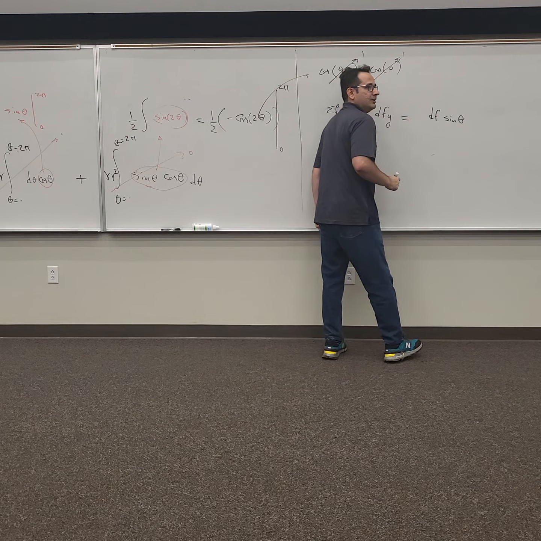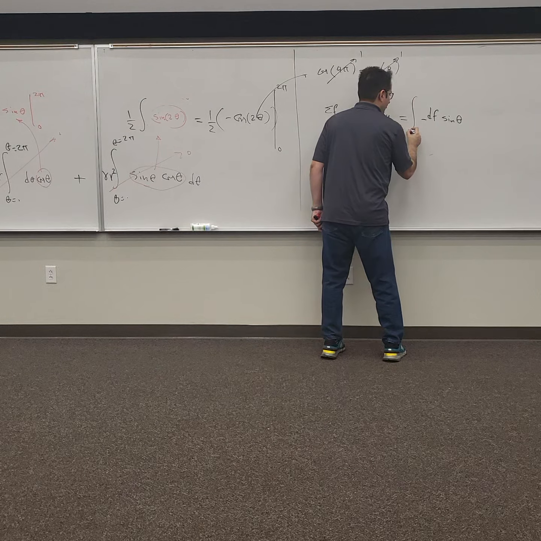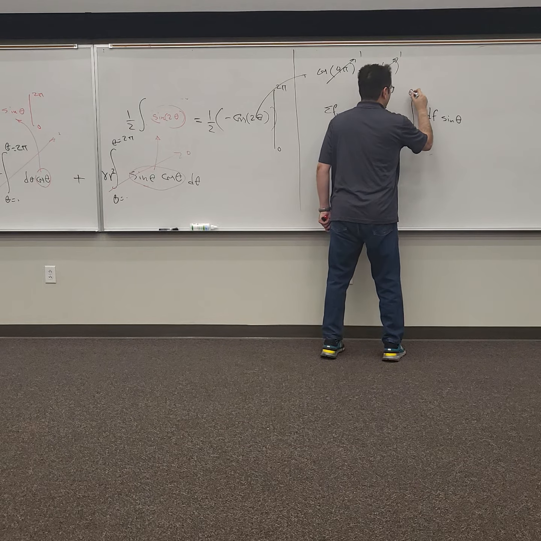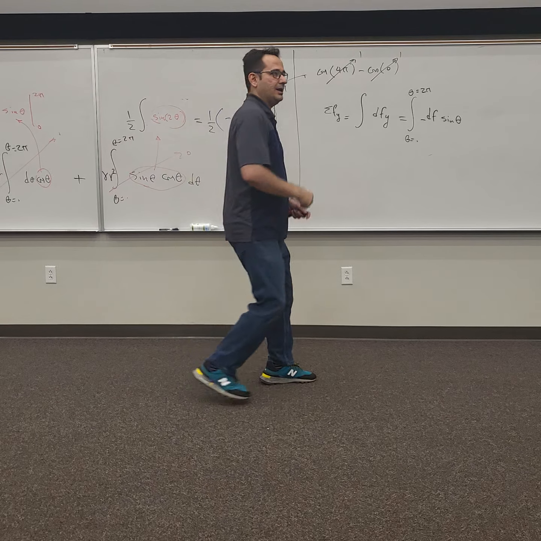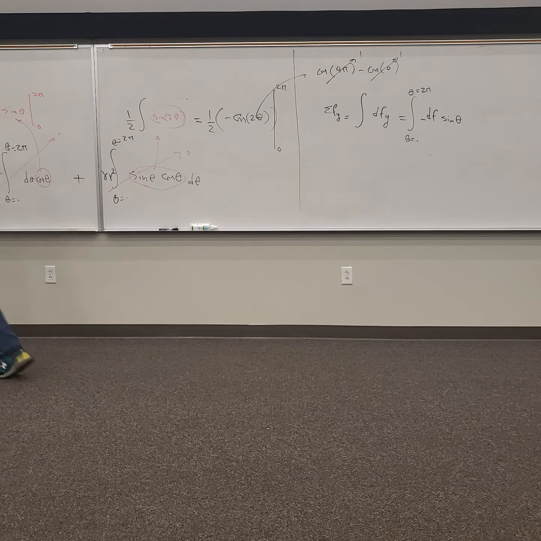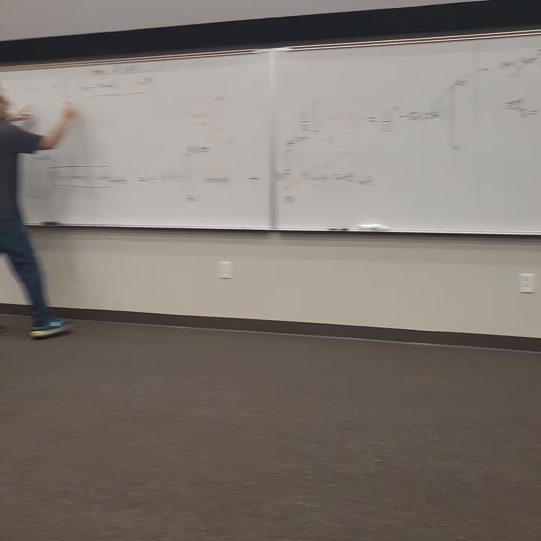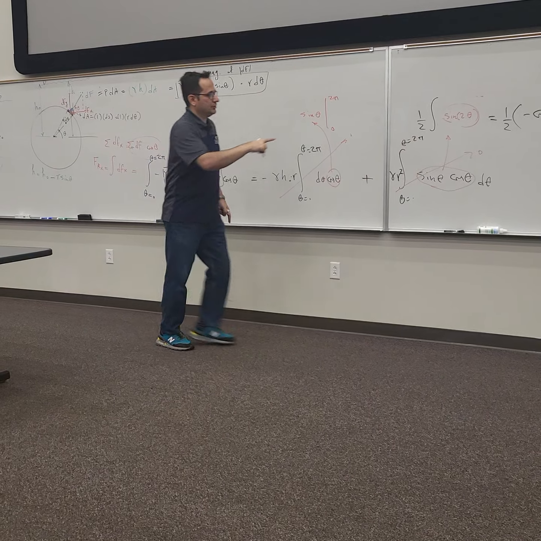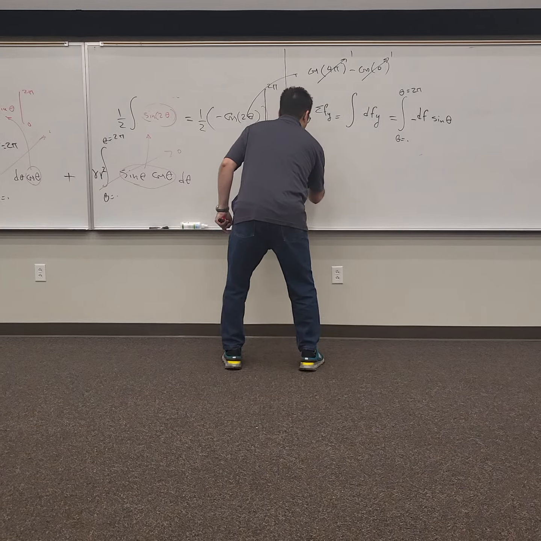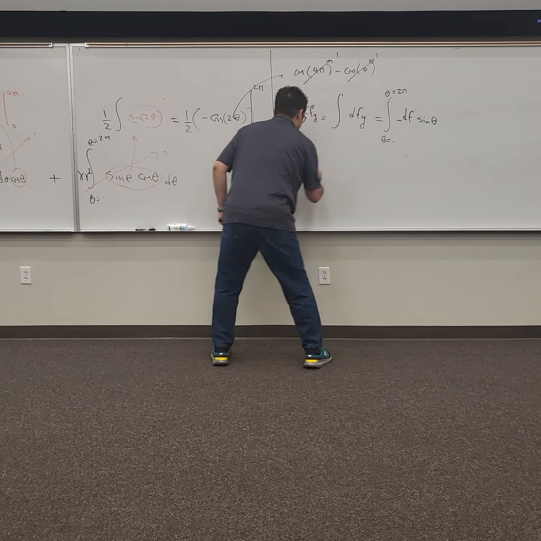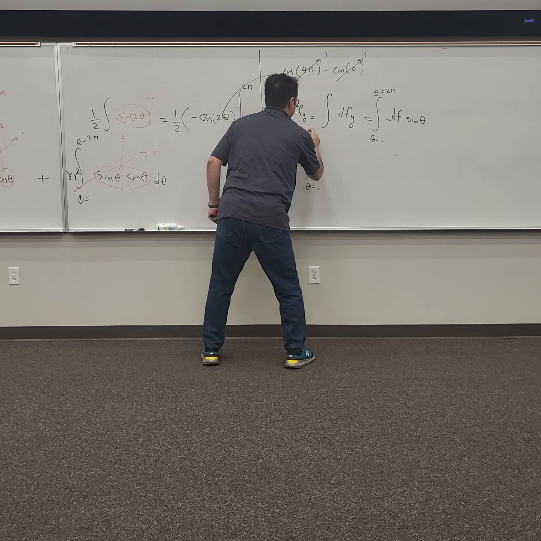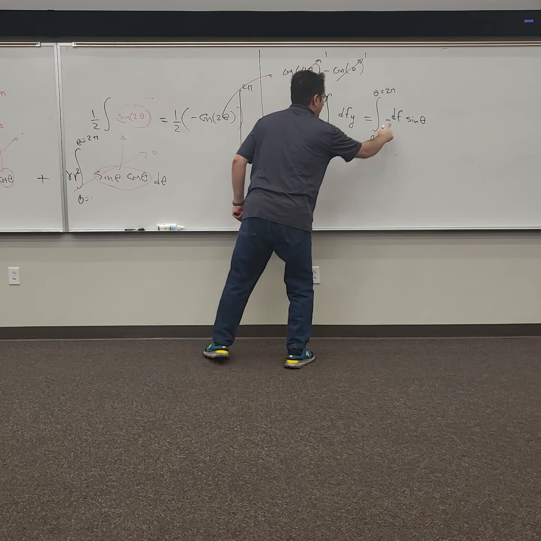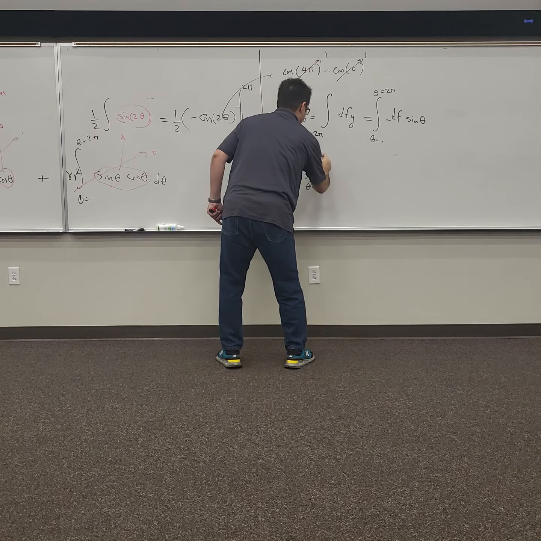Positive or negative? Negative. Integral of this, theta from 0 to 2 pi. Again, the same token, you already have your dF, just plug that into that integral, so you get negative integral from 0 to 2 pi of dF sine theta.